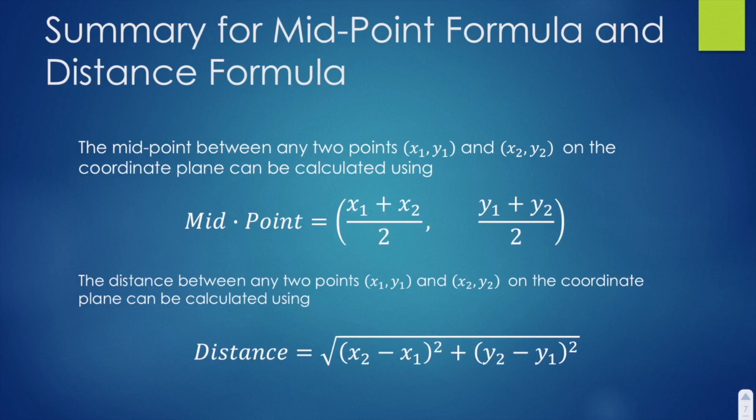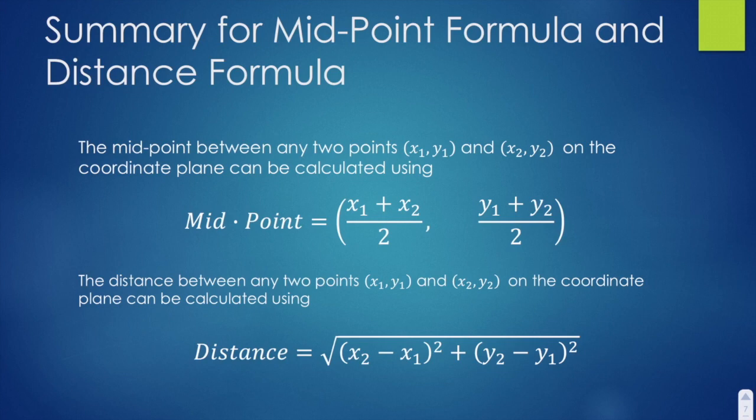And then the distance formula, the distance between any 2 points made up from the coordinates (x1, y1) and (x2, y2) on the coordinate plane, can be calculated by using distance equals the square root of the difference between x2 and x1 squared plus the difference of y2 minus y1 squared.